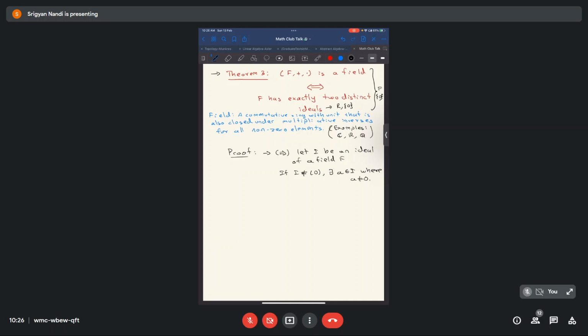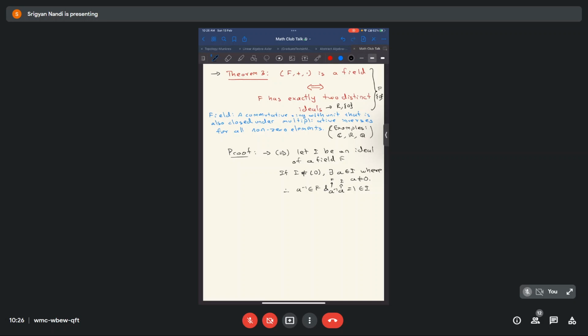Now, if A is not equal to 0, and since F is a field, we know that A inverse also belongs to F. Therefore A inverse times A equal to 1 also belongs to the ideal, since A belongs to I and A inverse belongs to F, and this follows from the second property of ideals.